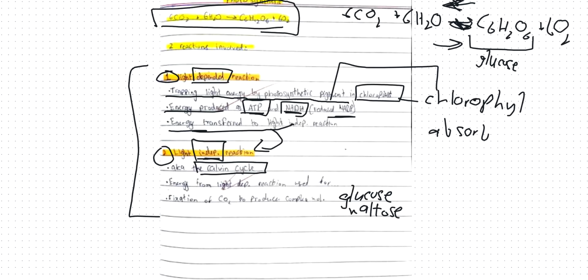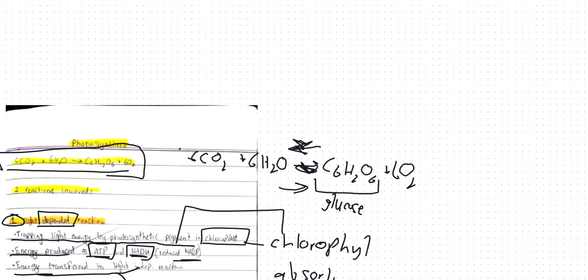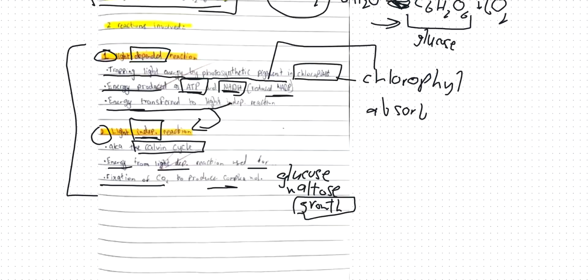So you'll make all of the main nutrients for the plant, and the energy from the light dependent reaction is used for fixation of carbon dioxide to produce complex molecules. So this is the reaction where you use carbon dioxide. Carbon dioxide is used in the second reaction, the light independent reaction.